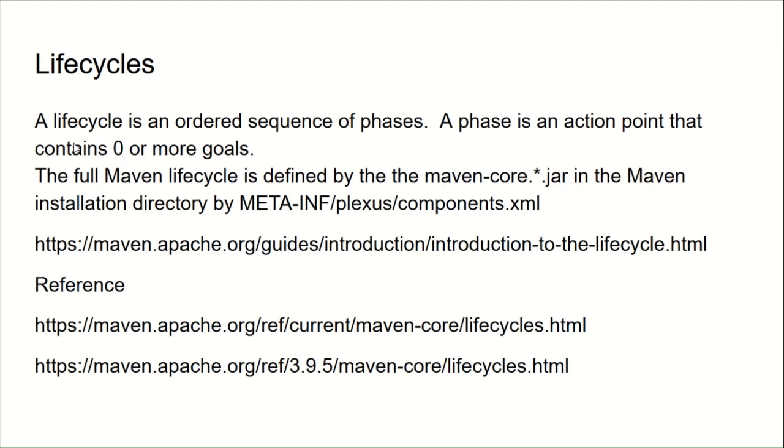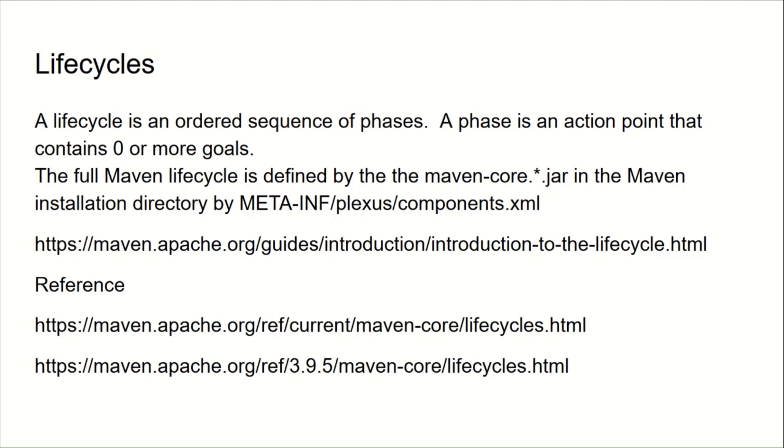The full Maven lifecycle is defined by the Maven core star.jar in the Maven installation directory, defined at META-INF/plexus/components.xml. At these URLs, you will find very much the same information we're going to pull out of the XML file.